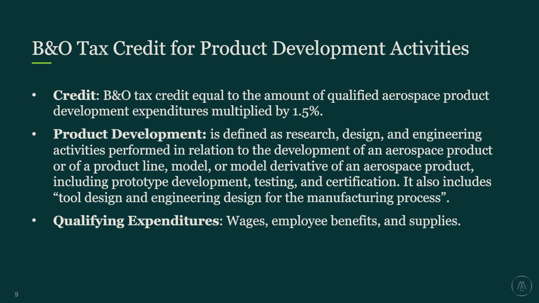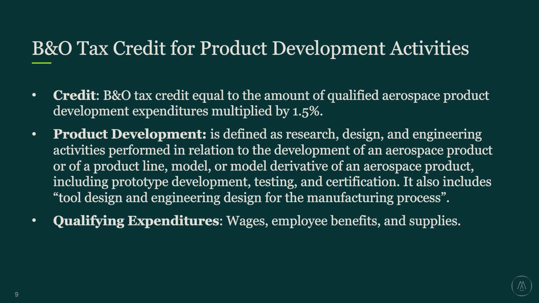The next piece is thinking about how the auditors that we see working these claims interpret product development. We've seen auditors go in two main directions. Product development to some auditors means the product is new to the world, has never been designed before, and is unique.